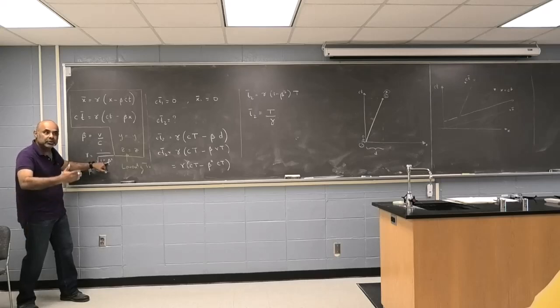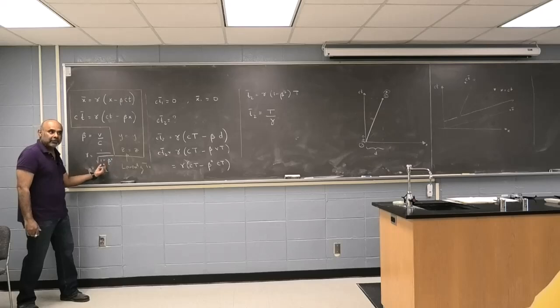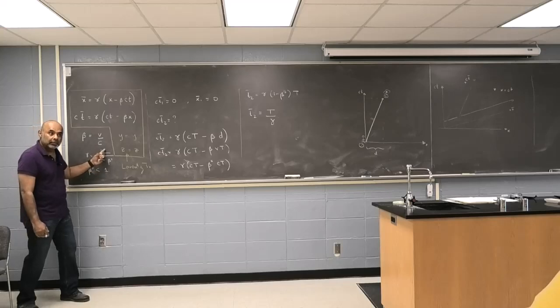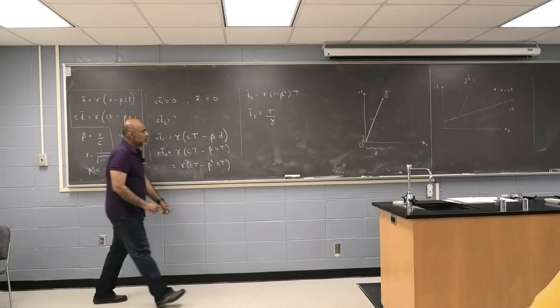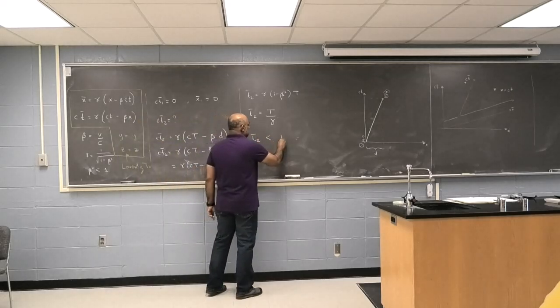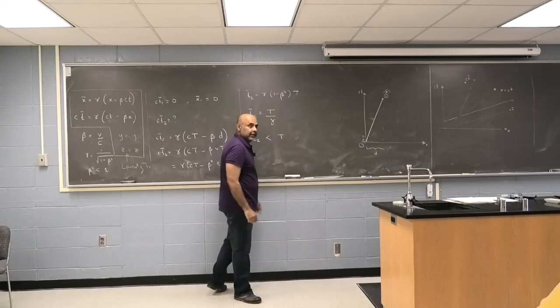When beta becomes non-zero, this number is less than 1. So the square root of that number is less than 1. When you divide by something that is less than 1, the gamma becomes more than 1. So T2 is a smaller amount of time than T1. Yes, T2 is less than T.